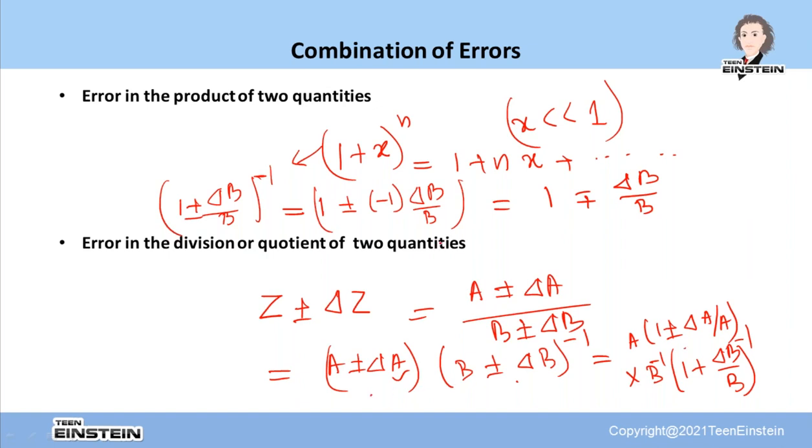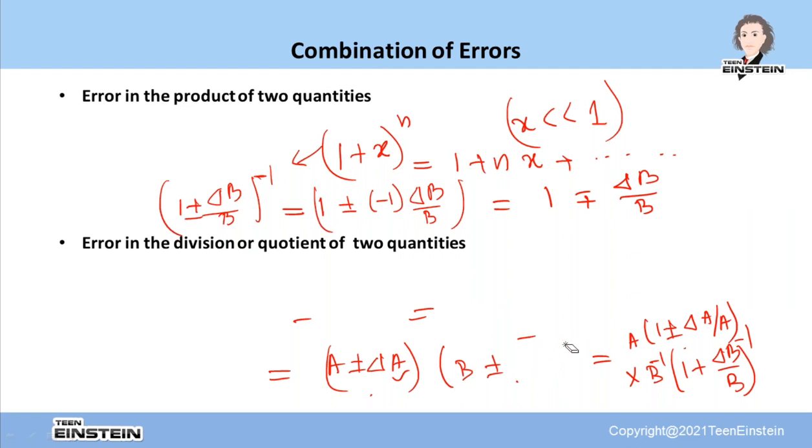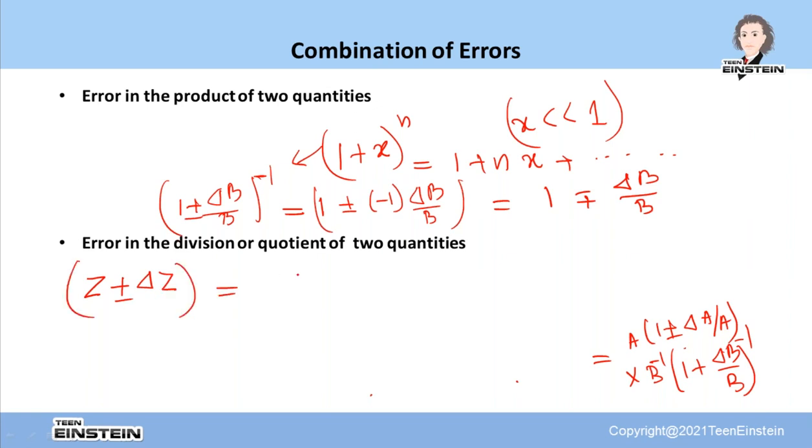Okay, this one. So as a whole, what we get, just a minute. I'll just clean this thing. I had, see, this line I'll keep because I know what I have here. So you have z plus or minus delta z.